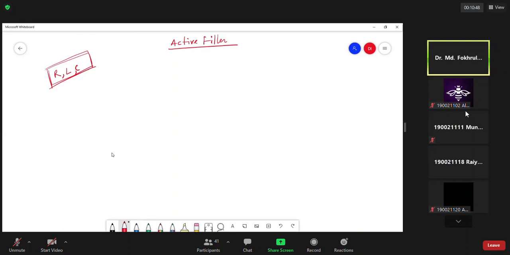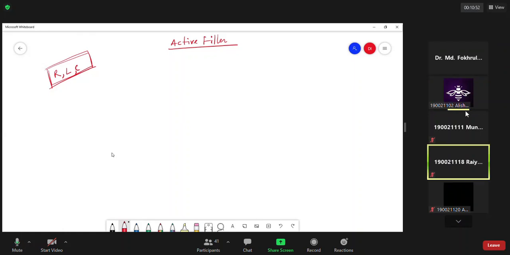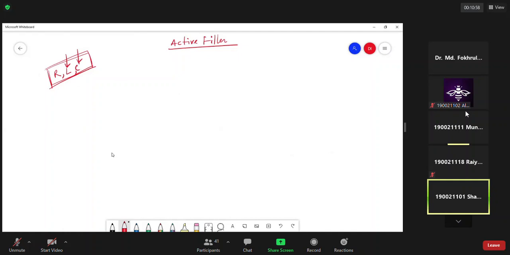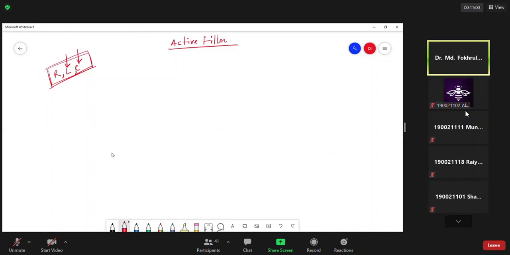Do you know what the active components are? Exactly, the op-amp, or you can say specifically the transistor, because the op-amp is basically based on the transistor. So the transistor is also an active component. So an op-amp based filter is basically the active filter.